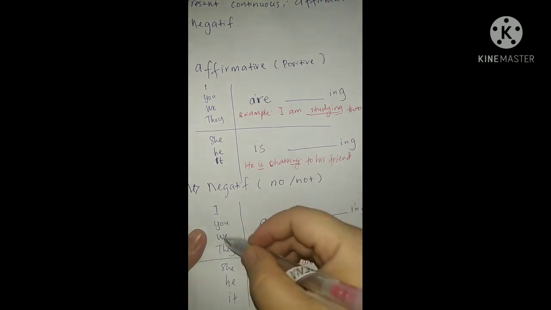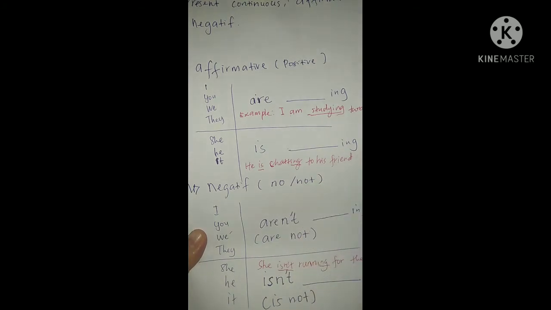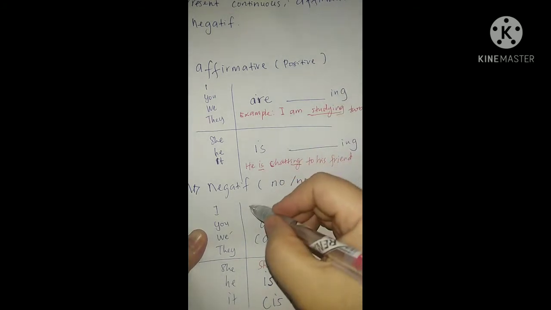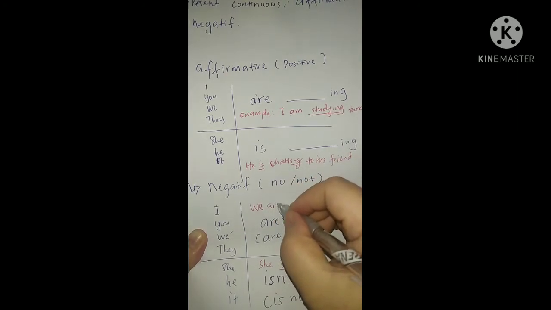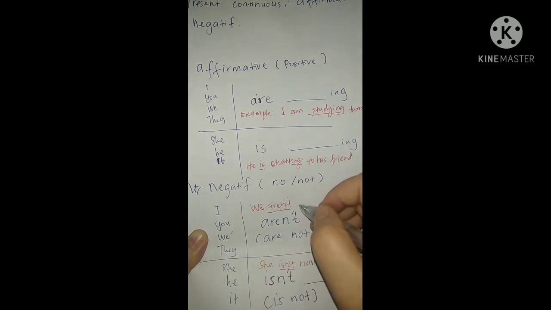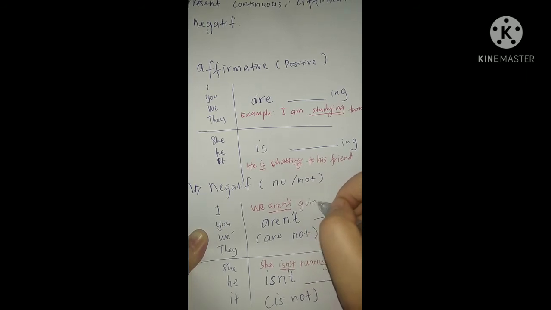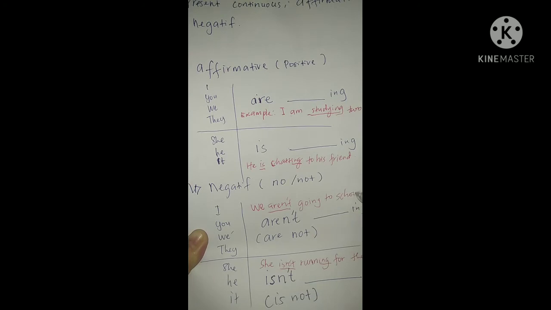So we can take we, for example, going to school. So we are not. We aren't going. We aren't going to school today.